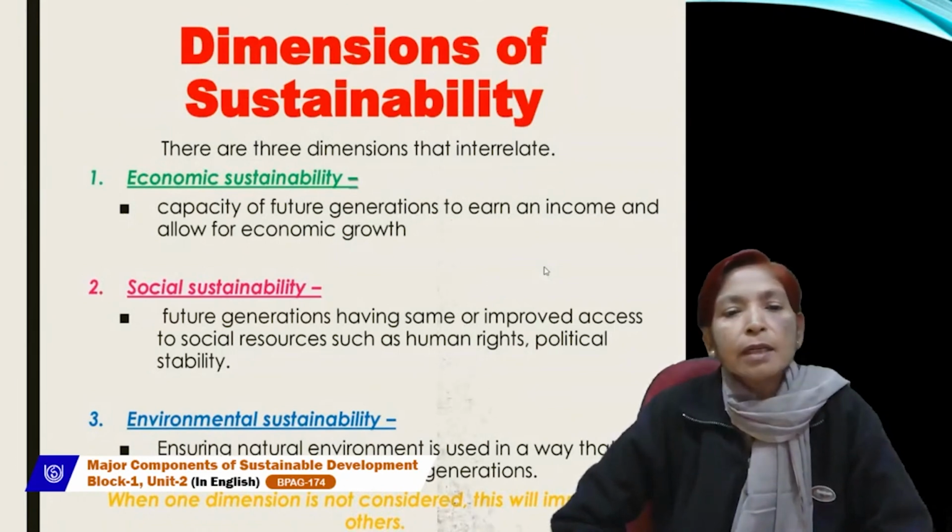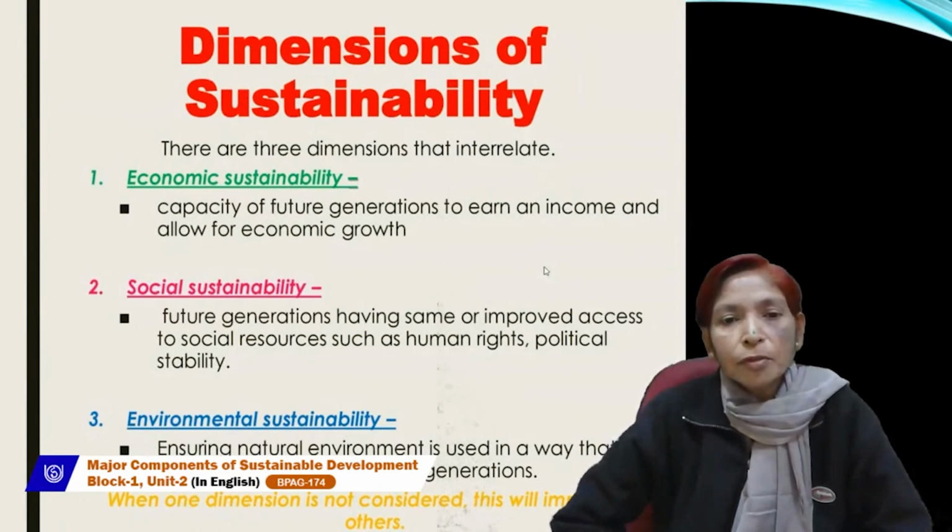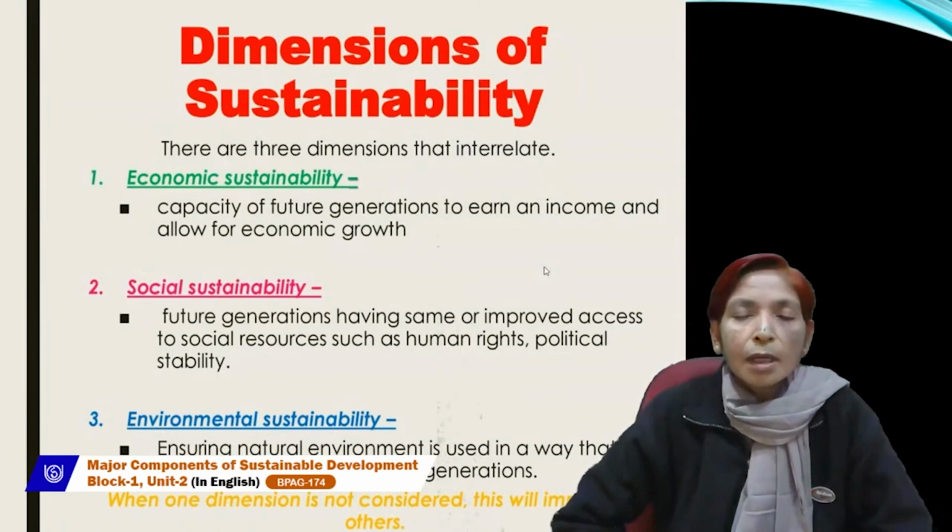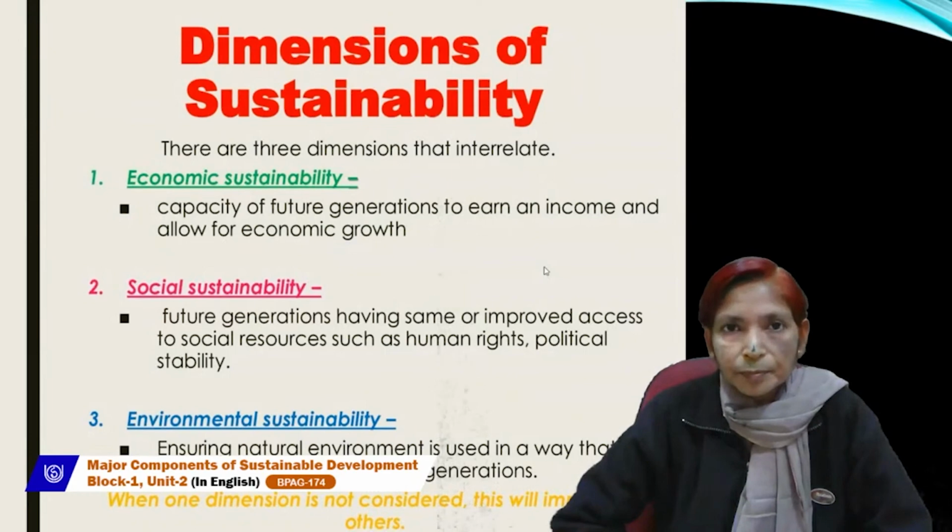Economic sustainability tells us about the capacity of future generations to earn an income and allow for economic growth. Social sustainability includes future generations having the same or improved access to social resources such as human rights and political stability.